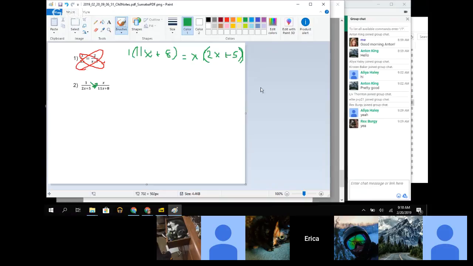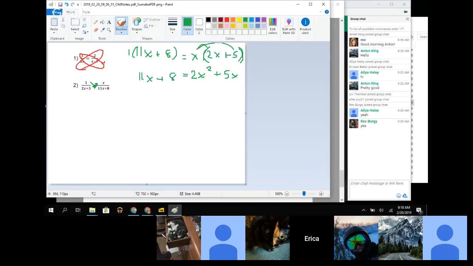All right, good. Okay, so 11x plus 8, and then what do we have to do over here? We got to distribute this guy, right? So we get 2x squared plus 5x, and then we have 11x plus 8. So how are we going to solve this quadratic problem? This isn't quite as easy as number 1, but we still can do it.